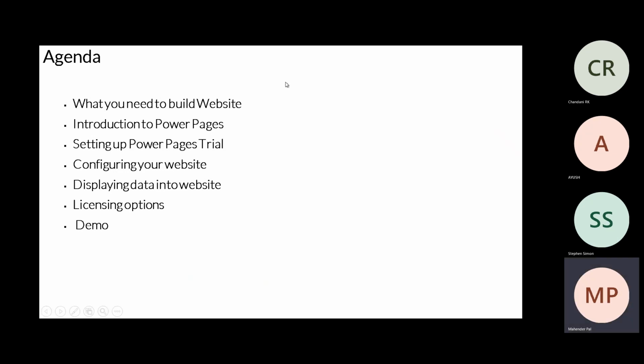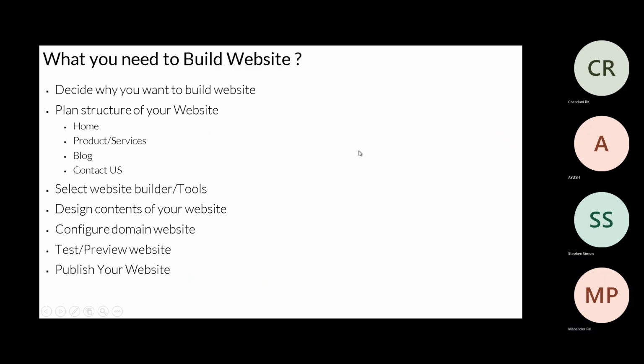So now, the first thing that we need to discuss here is what all the things are that you require when you want to build a website. You can think, for example, if you are working on some project where you are going to solve a problem, before solving the problem you need to know what the problem is.